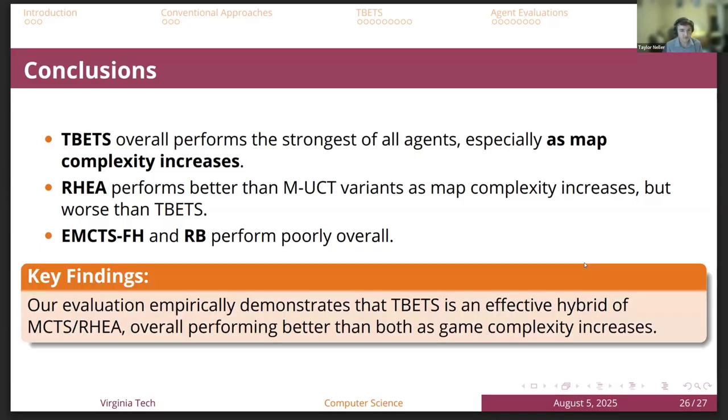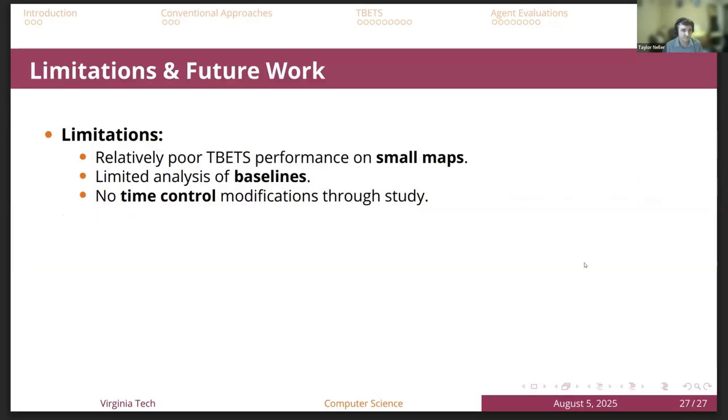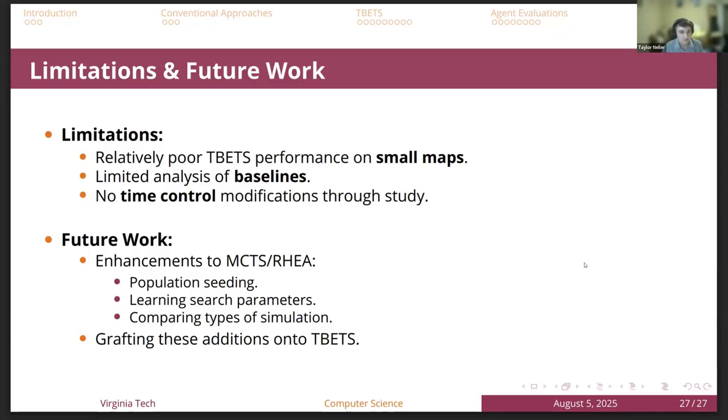Our findings show that T-bets is an effective hybrid, overall performing better than both as the game complexity increases, which is really good because most turn-based strategy games are even more complex than what we looked at here. So I'll skim through this for lack of time, but we have only a few baselines that we test, and limited modifications to time control.